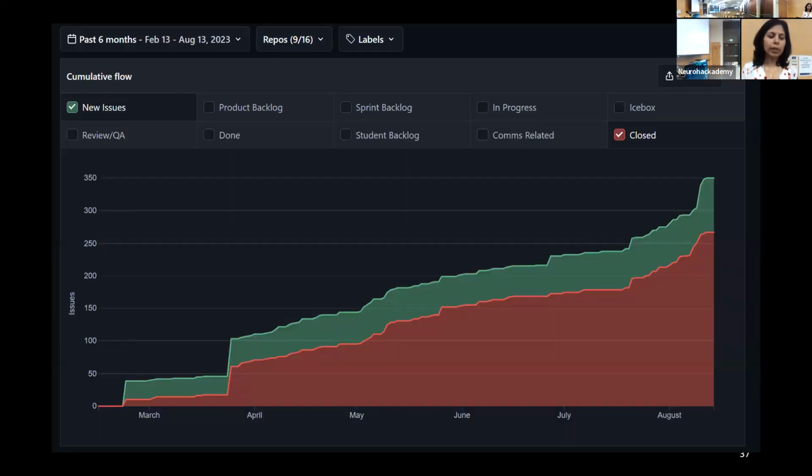So we use ZenHub, like I said. We started our project sometime in January. Because all our issues were in GitHub and being tracked automatically by ZenHub, we got this nice image of the opened versus closed.